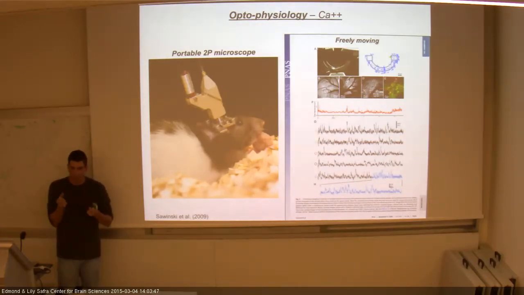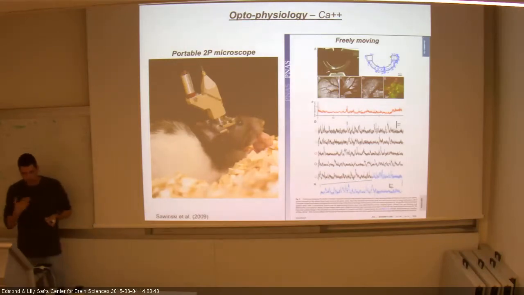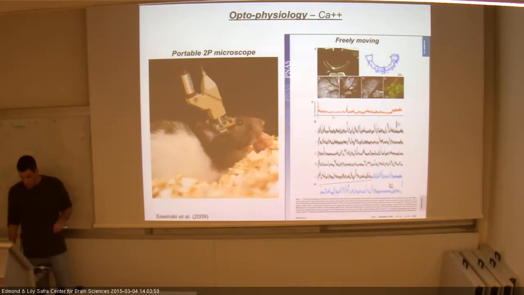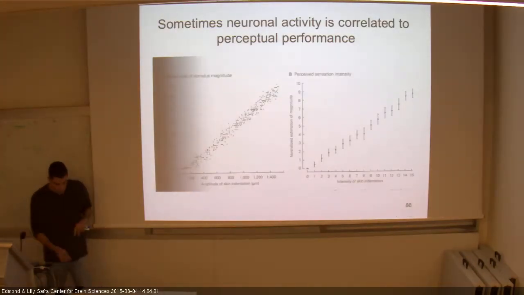If the code is in the rate, or the number of spikes, it makes a difference. But if you want to look at large populations, genetically identified cells, things of that sort, imaging is very important.